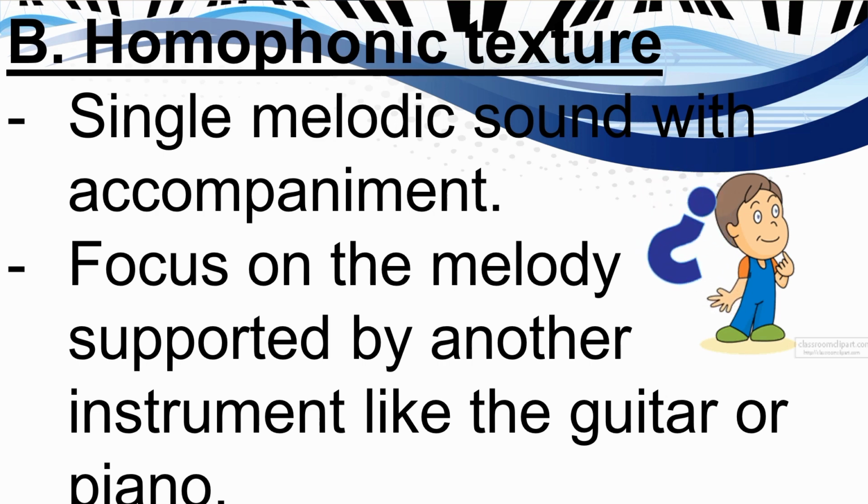When you sing the Bahay Kubo together with a ukulele, that is already homophonic. When you sing Are You Sleeping, Brother John, accompanied by a guitar, that is already a homophonic texture.